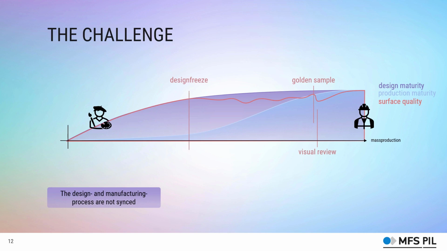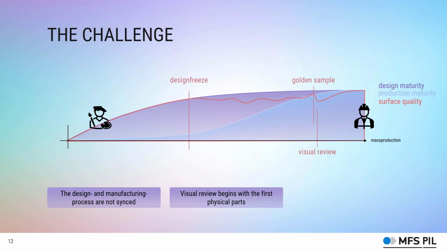The engineer has to take care of making the car producible, and the designer wants to make the design perfect, and therefore it is often difficult to sync them, so that they can work together on the perfect result which they both want.